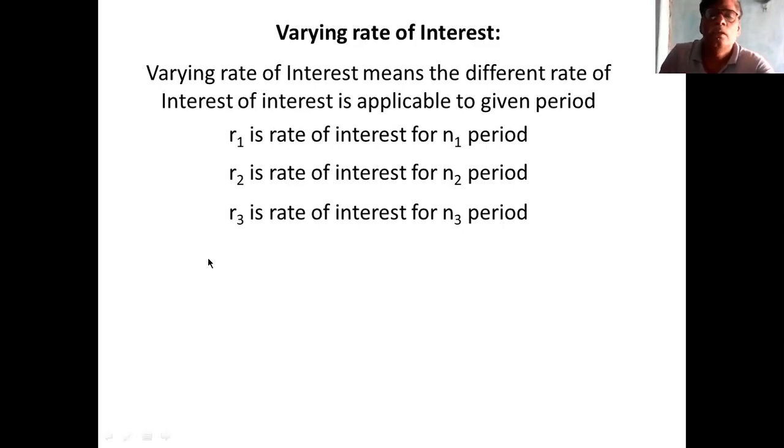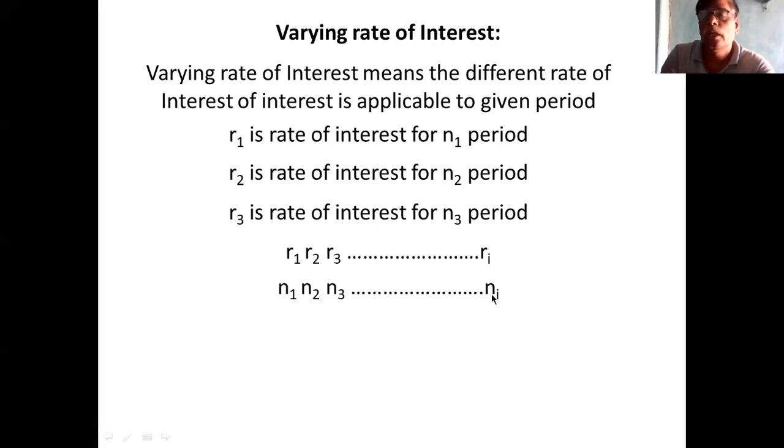Okay, so R1, R2, R3 up to Ri are the rates of interest. Then N1, N2, N3 up to Ni are the periods. N1 is the period for the first rate, N2 is the period for the second rate, N3 is the period for the third rate, and so on.